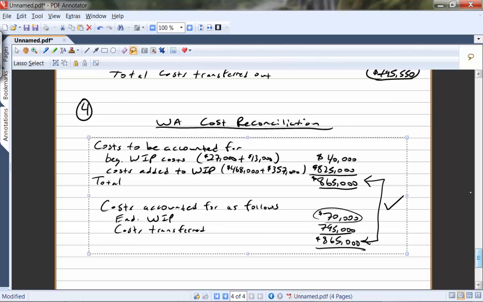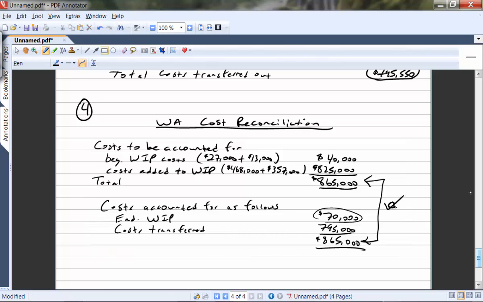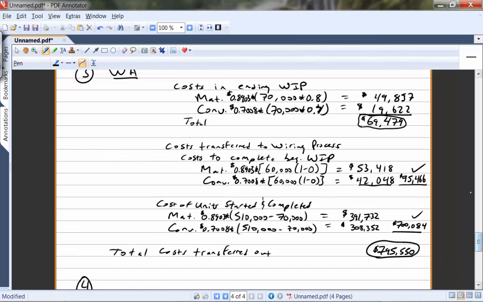We're still trying to account for the same costs, so the first part is the same. It's just these numbers that are different. Our estimate for the costs transferred out and the cost in the ending work in process inventory are going to be different. The cost in ending work in process inventory under weighted average, we came up with this 69,479.